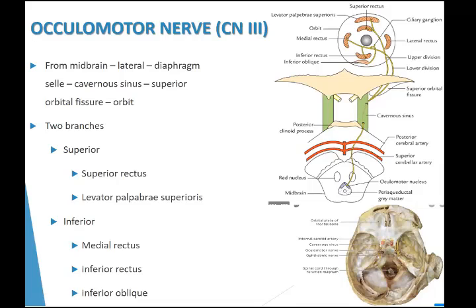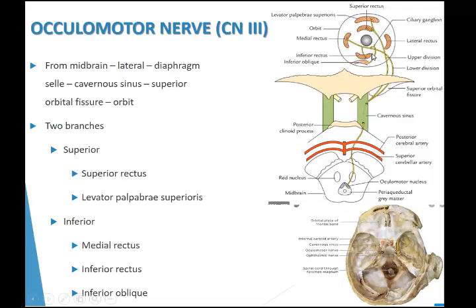The superior division supplies two muscles, the superior rectus and the levator palpebrae superioris. These two muscles are supplied by the superior division. The inferior division supplies the medial rectus, inferior rectus and inferior oblique.